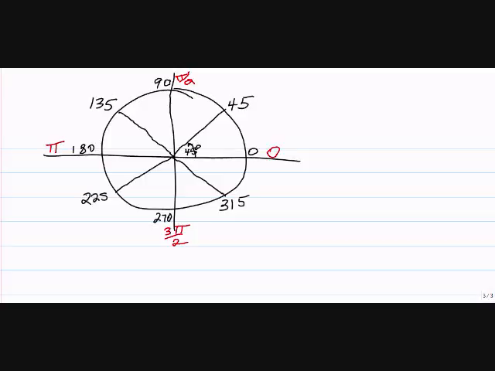What's halfway between 0 and 1/2 pi? 1/4. 1/4 is exactly halfway between 0 and 1/2. And so 1/4 pi, better known as pi over 4.